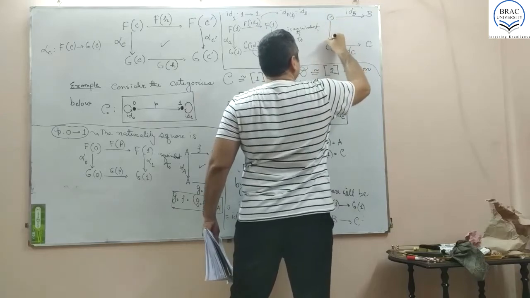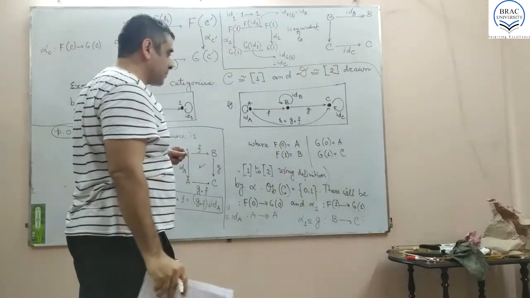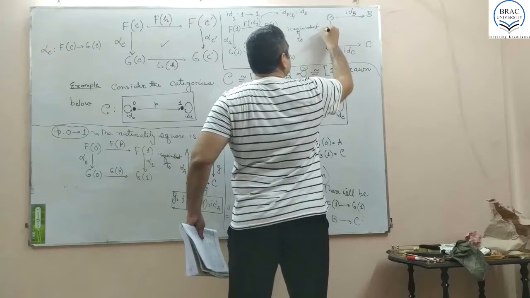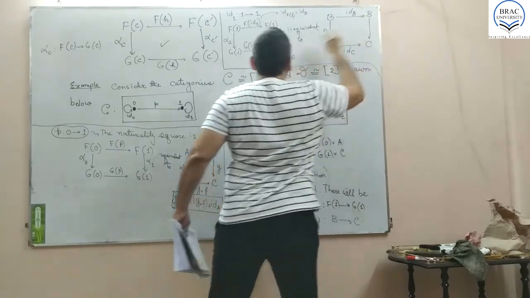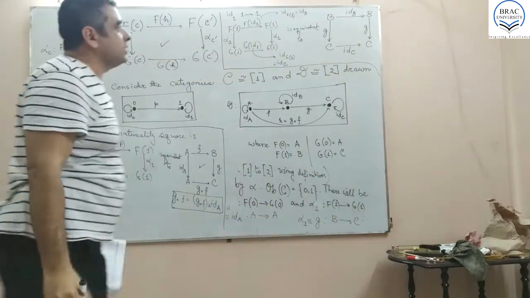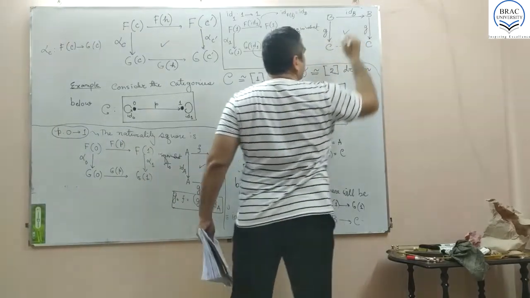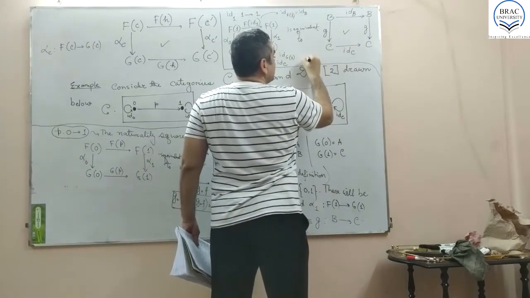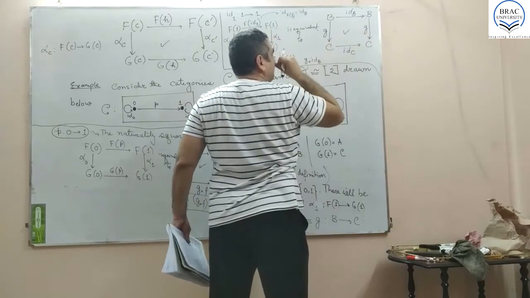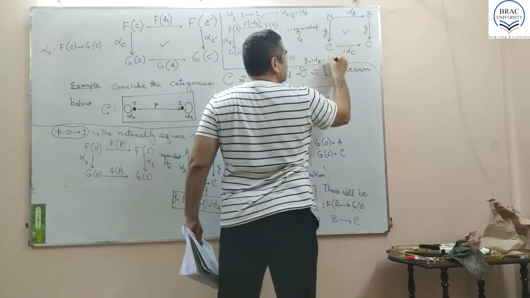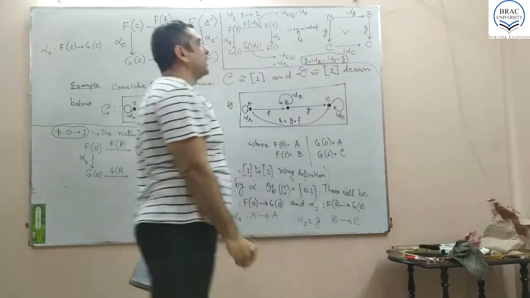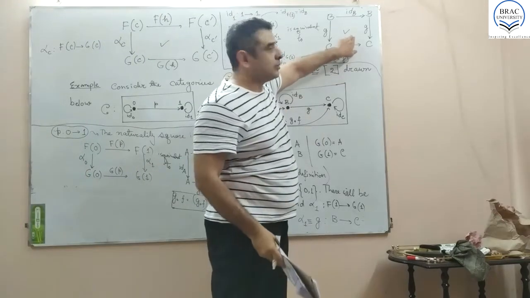And from B to C, you have the one component of the natural transformation, which is G, and this is the same as the one component of the natural transformation, which is again G. Now, it is easy to check that this diagram commutes, since G composed with IDB is the same as IDC composed with G. It is easy to check that this holds, and therefore this diagram also commutes.